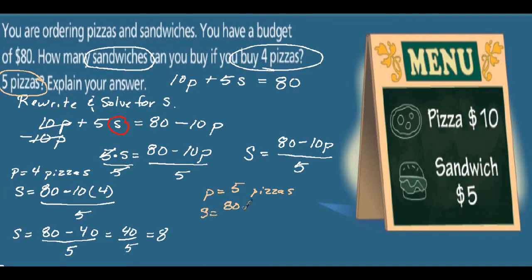S equals 80 minus 10 times 5 divided by 5, and we're going to end up with, I'm going to go a little bit faster, 80 minus 50, which is really 30 over 5, and that's going to equal 6. So S, the number of sandwiches we could purchase, is going to be 6 sandwiches.